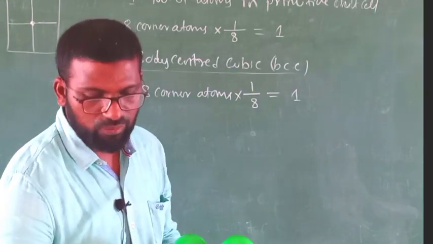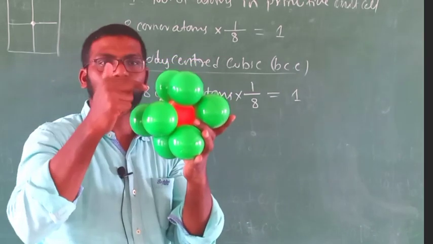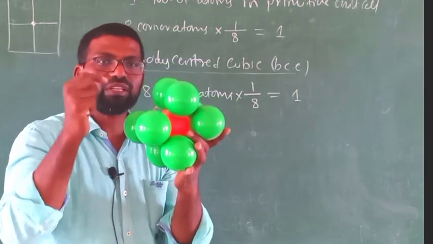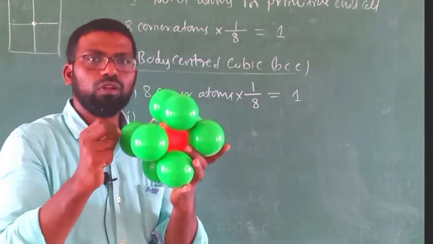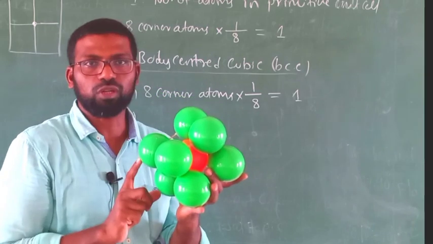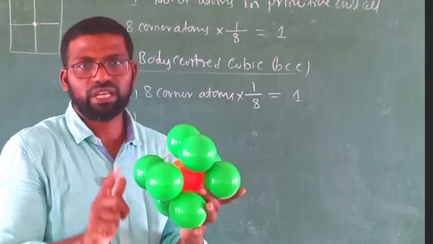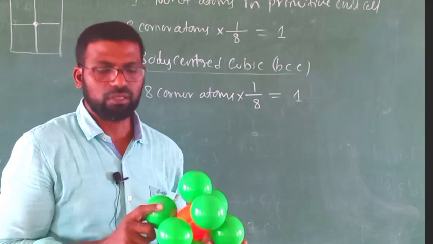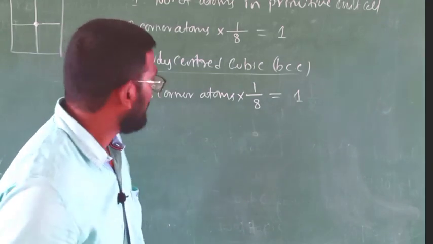No. When the particle is present at the center of the body, that atom wholly belongs to that unit cell only. It is not in contact with any other unit cell.